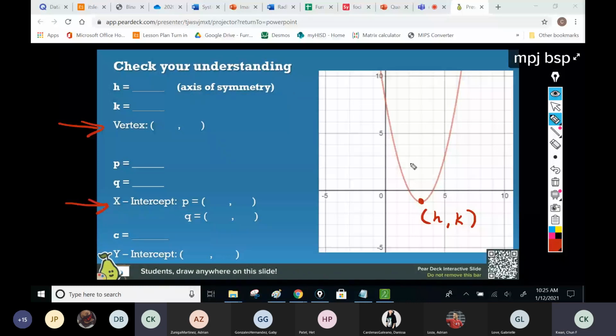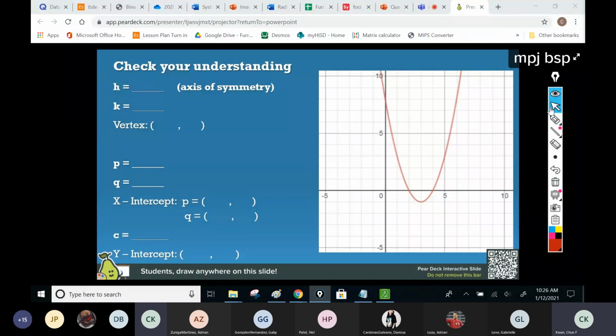And then find the x-intercept where it crosses the x-axis, and then find the location. And then the last one is the y-intercept where it crosses the y-axis. Tell me the location. Give me the ordered pair.